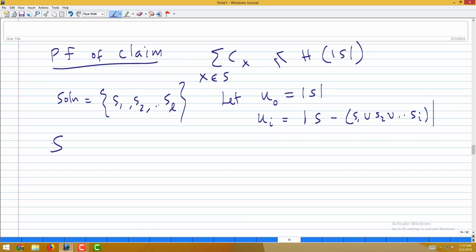So, let us say S is one set in my family, and I want to prove that for that set, for any set, this quantity is true, right. So, S has some elements, and each element gets some cost based on these greedy choices. So, let us say u naught is the size of S and u 1 would be S minus S 1, and u i is S minus the union up to S i minus 1 really.